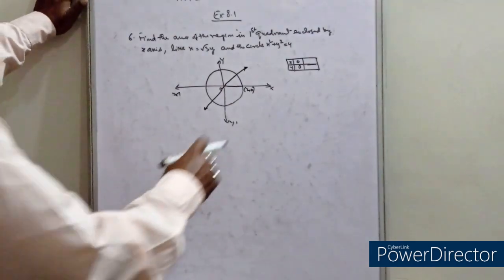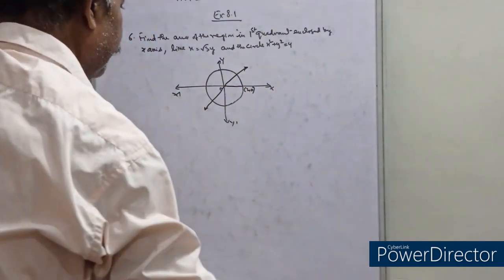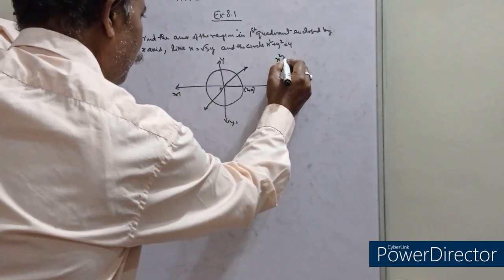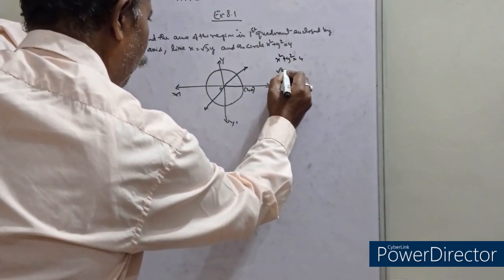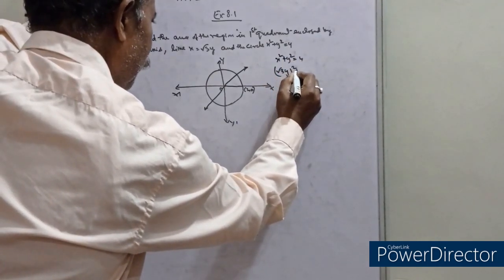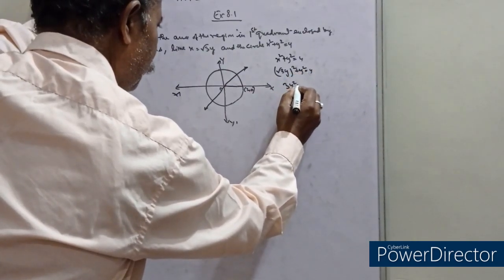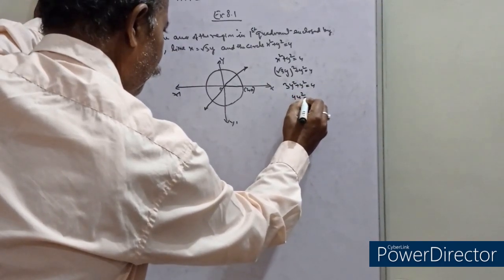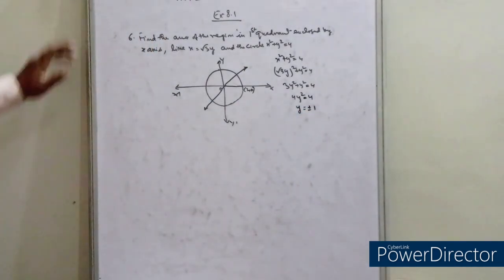To find the intersection point, I am going to use the substitution method. x square plus y square is equal to 4. Your x will be root 3 y, the whole square plus y square is equal to 4. That is 3y square plus y square is equal to 4, that is 4y square is equal to 4. Therefore y is equal to plus minus 1.